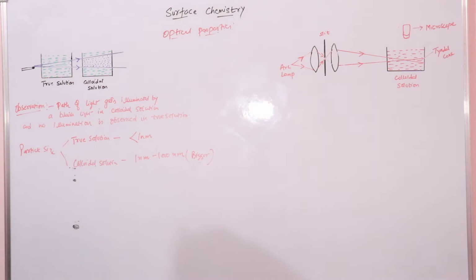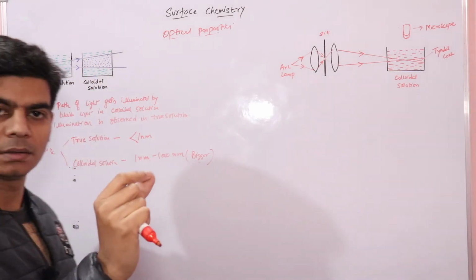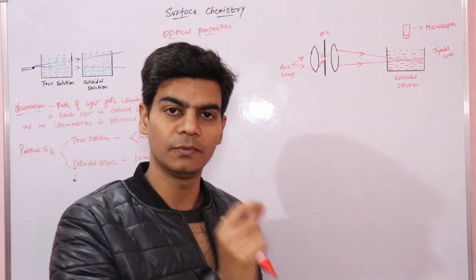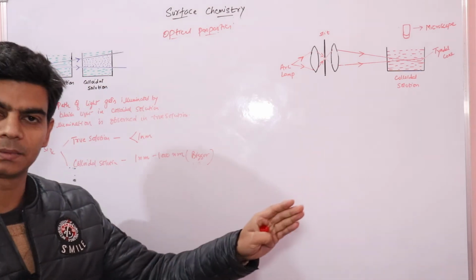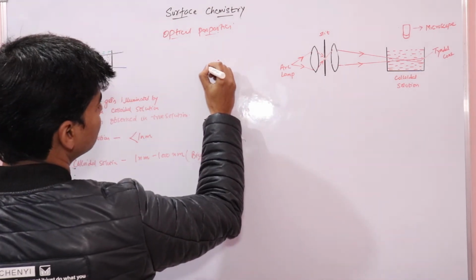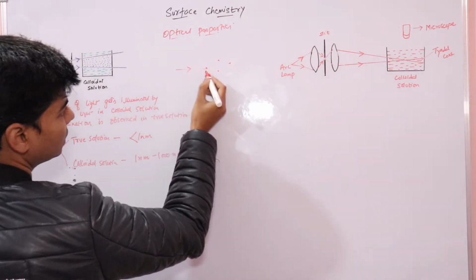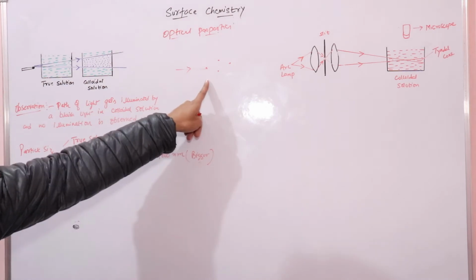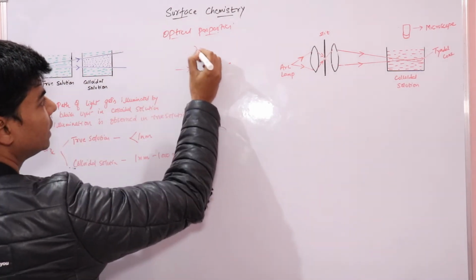So what happens is, when the beam of light strikes a particle in a colloidal solution, it will get scattered. Suppose these are the particles. When this beam of light strikes the dispersed phase particles in the colloidal solution, the light will get scattered.